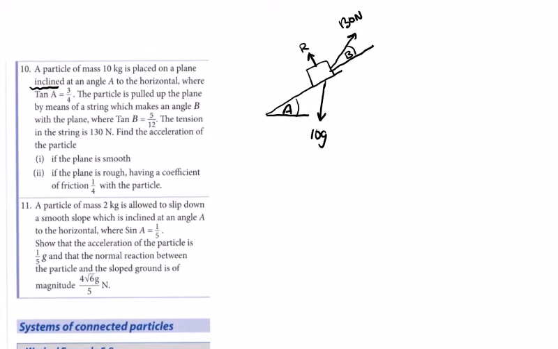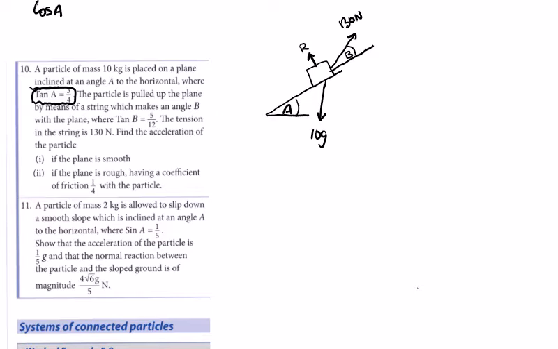So let's have a look at putting some more information into the second diagram. First, we'll get the cos of A and the sine of A. So the tan A is 3/4.